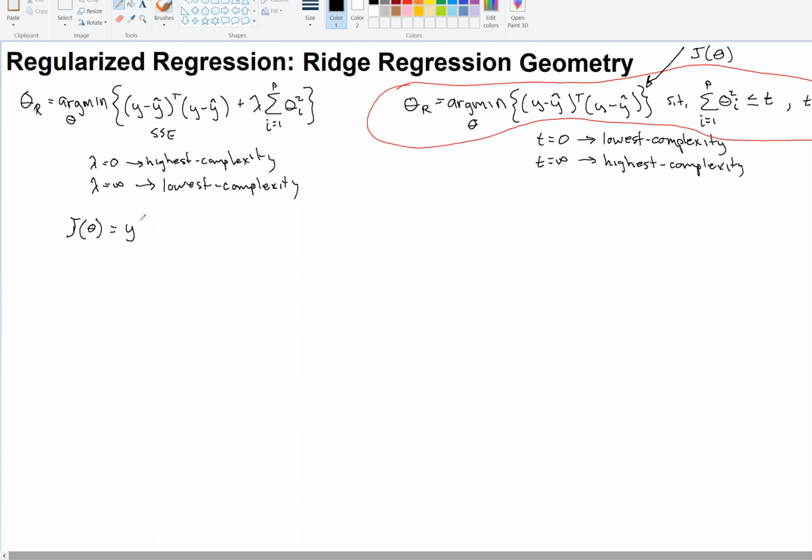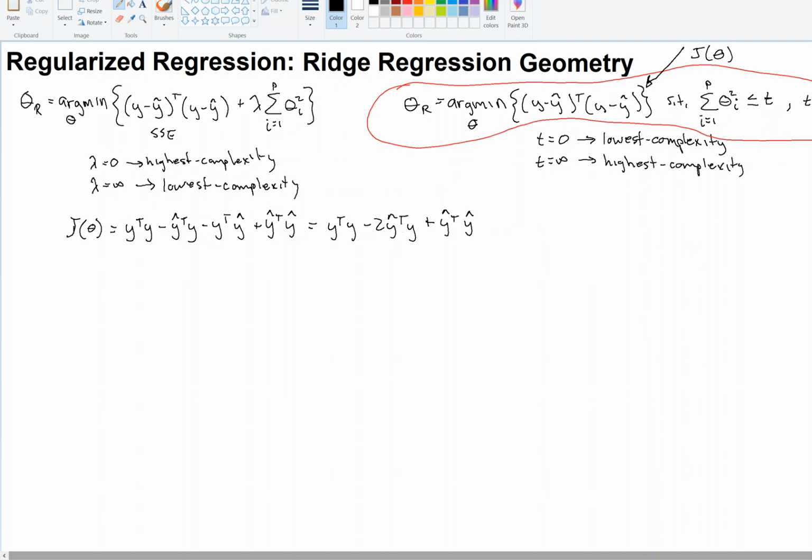If we FOIL that out, we get this, which we've done many times, particularly in linear regression. If we FOIL this out, we can combine terms. We've got the transpose of a scalar, which is itself basically, so we can choose one of those forms and add it to itself and get -2.